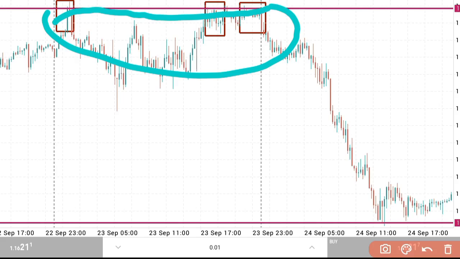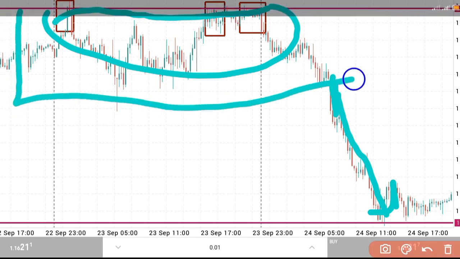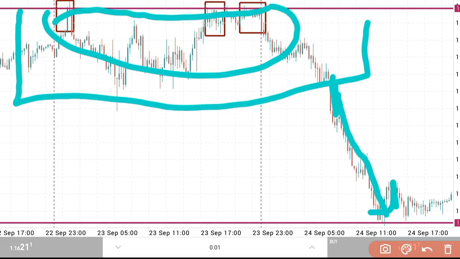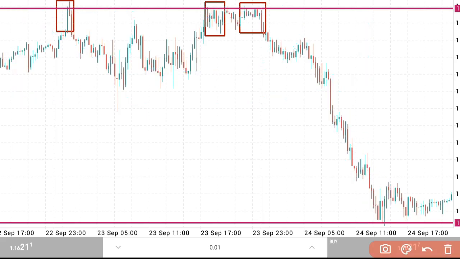The supply came at this particular place. This is where the supply started, where there was volume for selling. Because all through this particular place, we had less volume of sell. It was after this breakout that we saw that there is volume for selling. Demand and supply brings about volume.